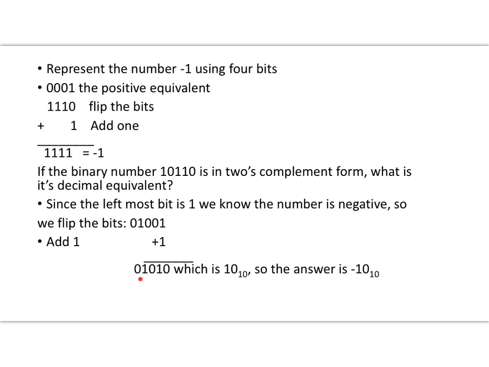We convert that back into decimal, which is 10, but the original number was negative, so we have to assign a minus sign. So this number up here in its decimal equivalent is minus 10. And when you do this, don't forget to put that minus sign in there.